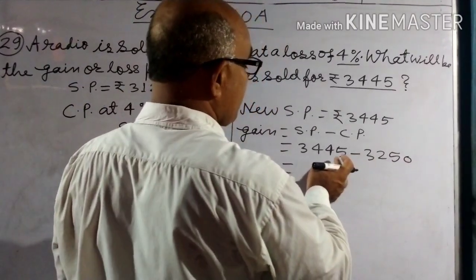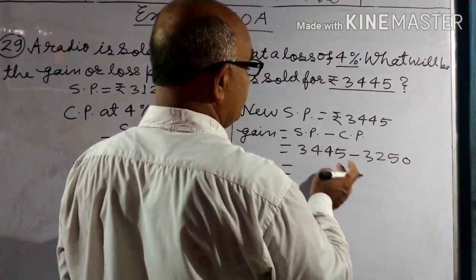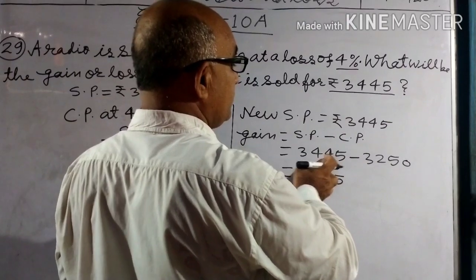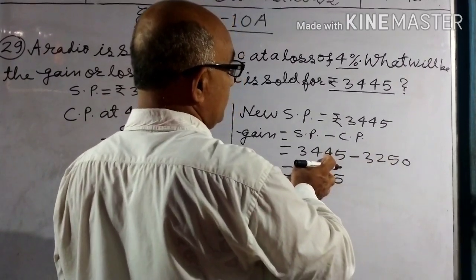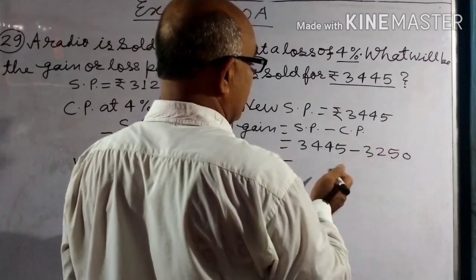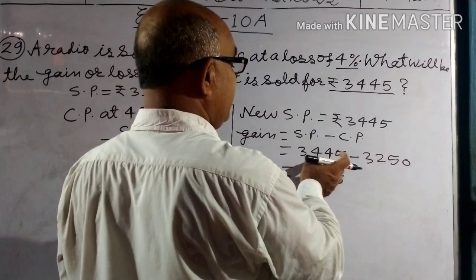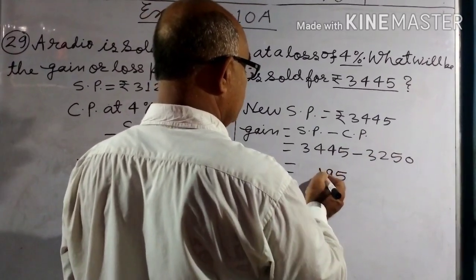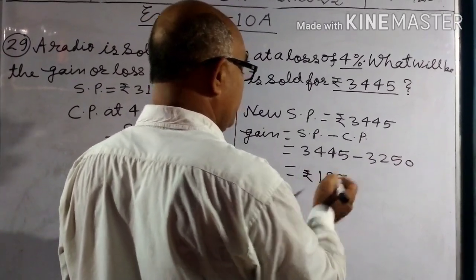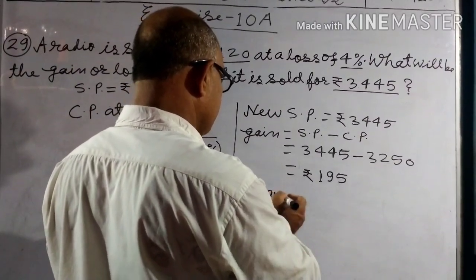Subtract it. 5 minus 0, 5. 4 minus 5, 14 minus 5, 9. And 3 minus 2, 1. Rupees 195.